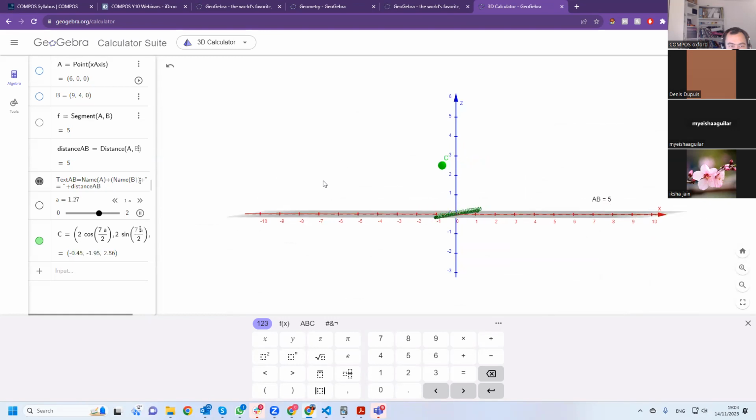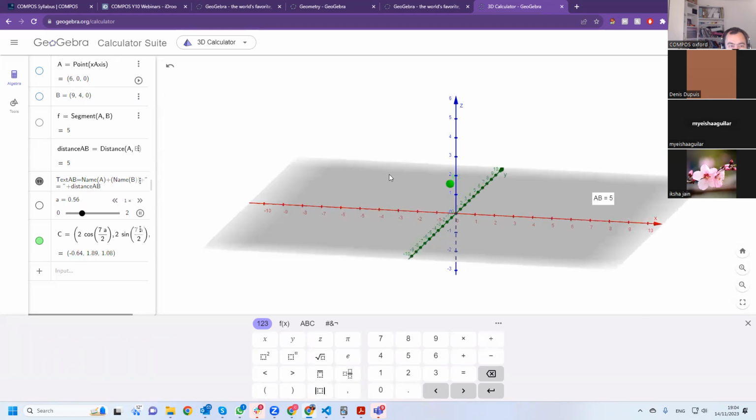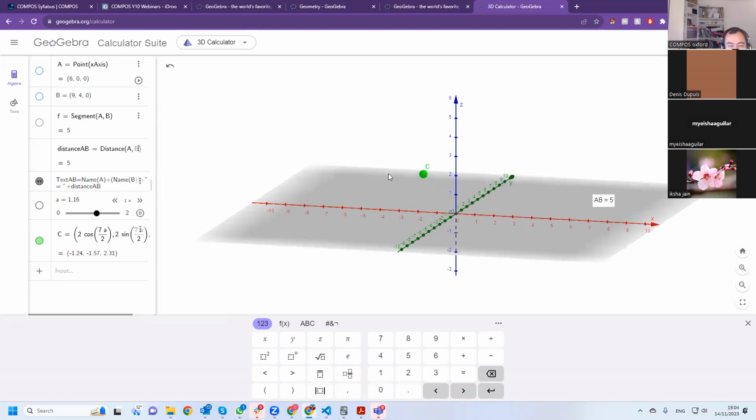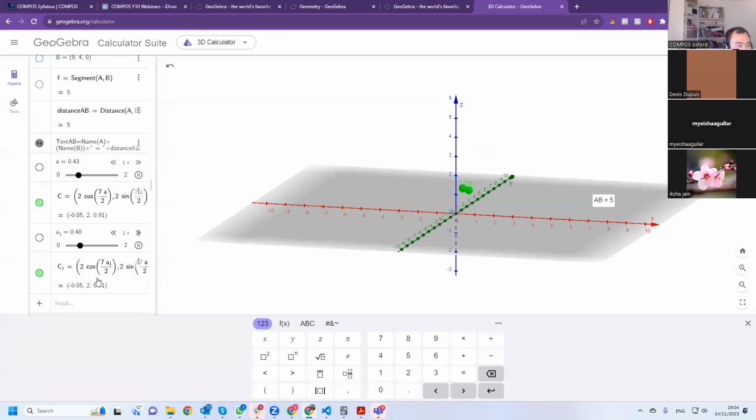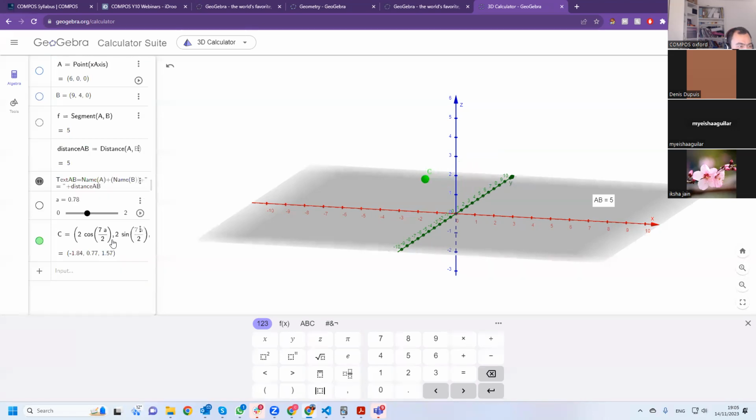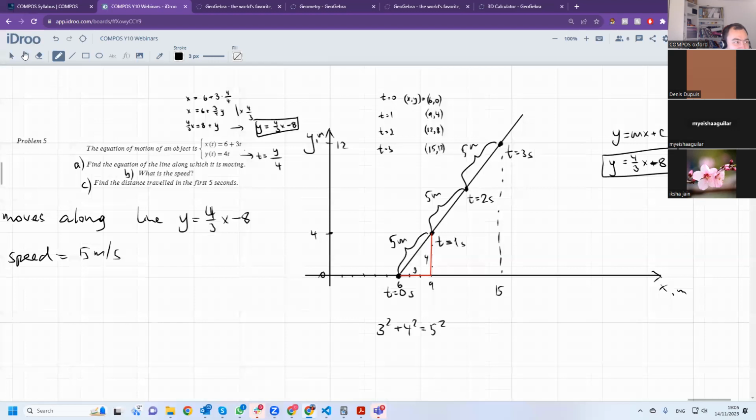If you look from the side, it's moving in a spiral. So yeah, you can duplicate. Okay, so that is I just played around with it a little bit.